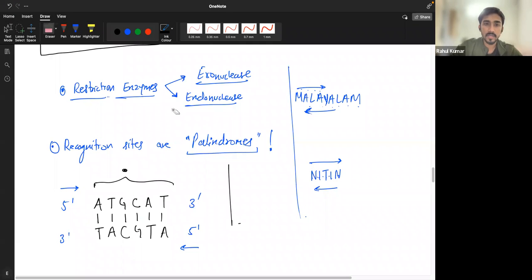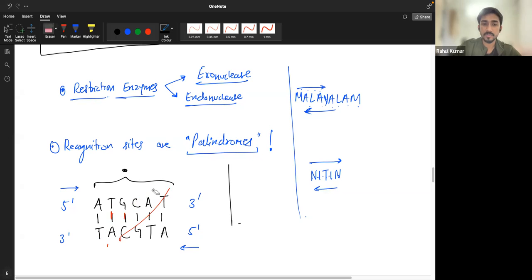So how do they cut? They cut like this. Let's say they are cutting here. So they will cut here. Now you will be left with AC here, which can go and bind with TG. Does it make sense, everyone? So not blunt, like this or this or this, but so that you leave some sticky ends.